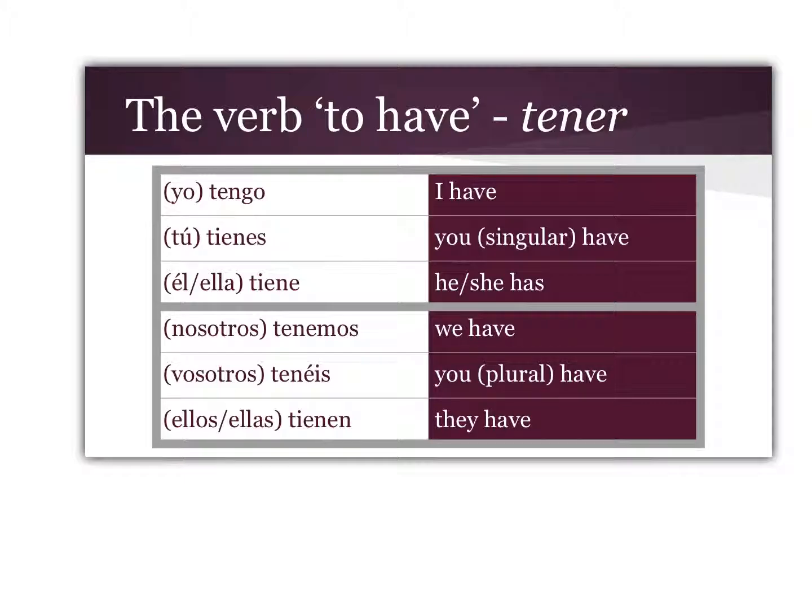So if I say, I have a cat, I can say, yo tengo un gato, but would much more naturally just simply say, tengo un gato. Similarly, if I want to reply to the question that we had on the previous slide, ¿cuántos años tienes? I could reply, yo tengo 13 años. I'm 13. But a more natural reply would simply be, tengo 13 años.